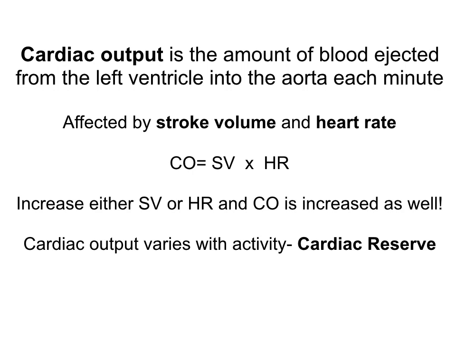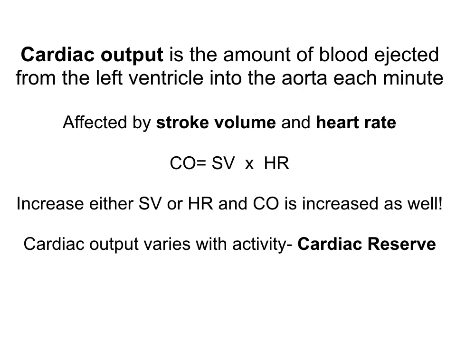Now, cardiac output is influenced. It can be changed or affected by factors called stroke volume and heart rate. Now, stroke volume you were just introduced to. It's the volume of blood ejected from your ventricles in one cardiac cycle.